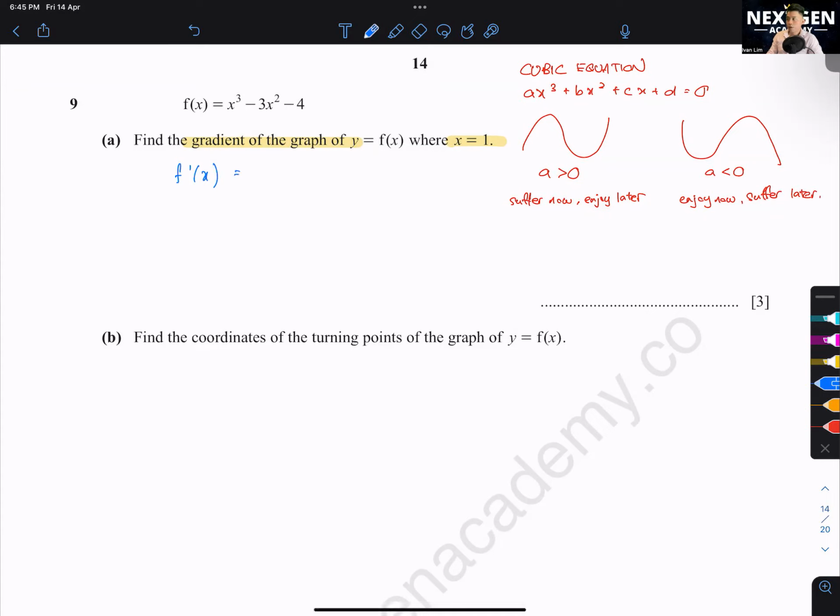So how to do this? Multiply power, minus 1. So you get 3x squared minus 6x. When I substitute my 1 inside, this is my gradient. 3 times 1 squared minus 6 times 1. You get negative 3.